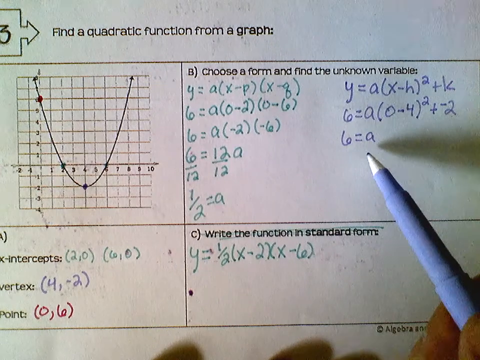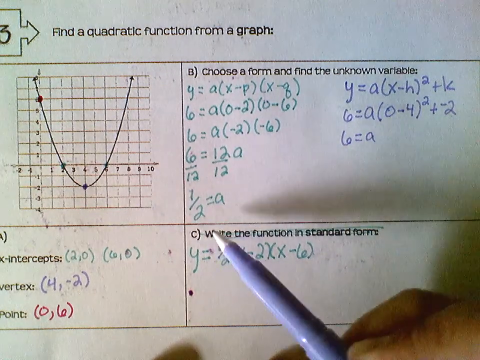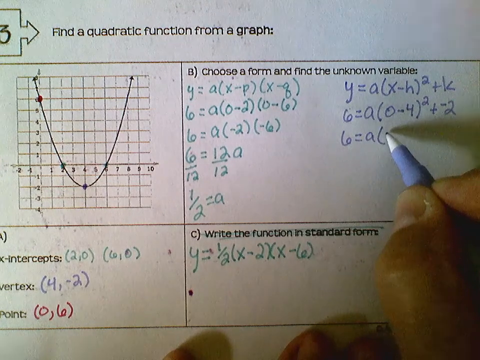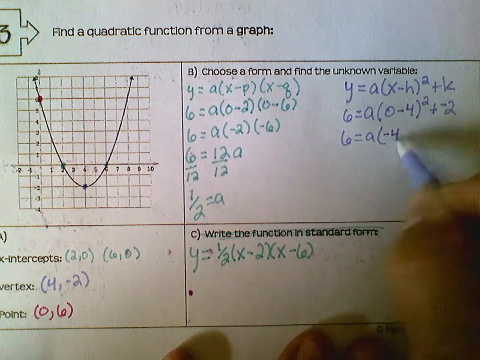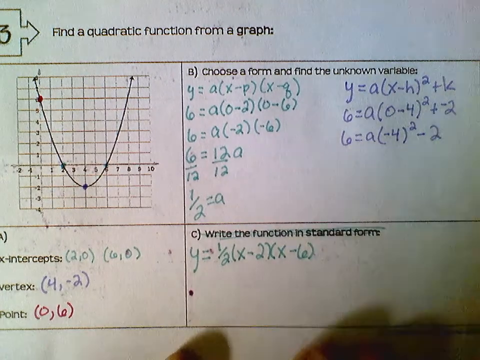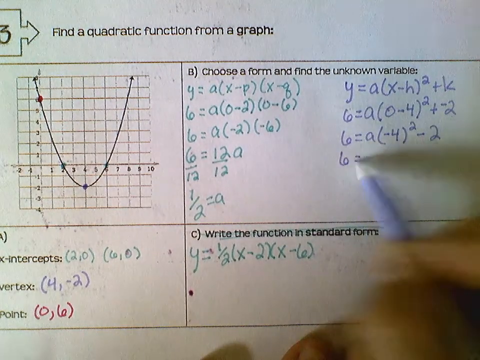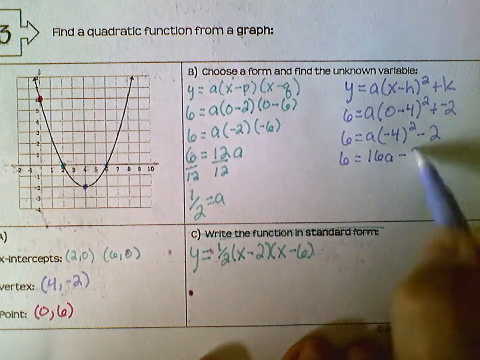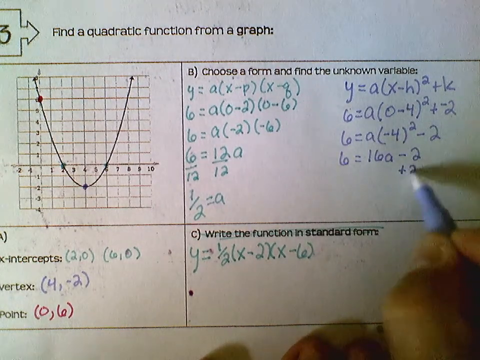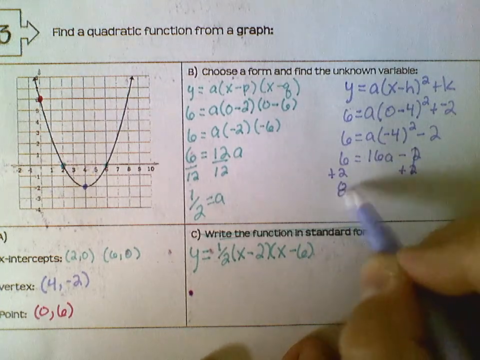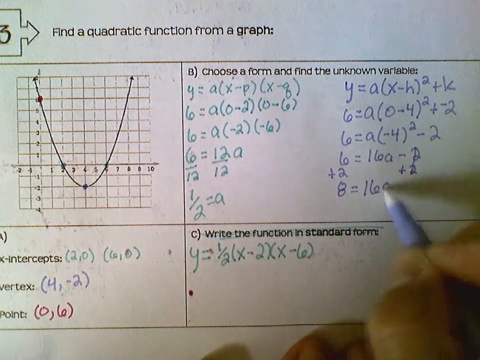And should we get the same a? Most definitely we should. So we should expect to get 1/2. 0 minus 4 is negative 4 squared, and plus a negative 2 is the same as subtract 2. So we have negative 4 squared is 16a. I'm going to add the 2 over here. 6 plus 2 is 8 equals 16a.